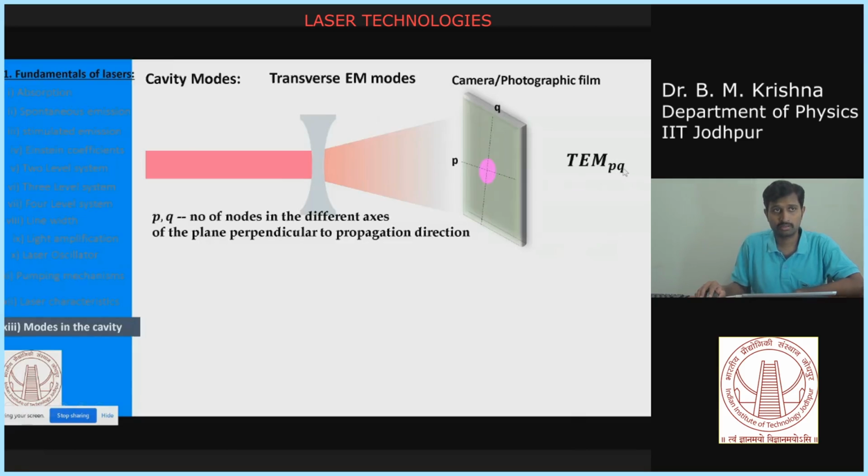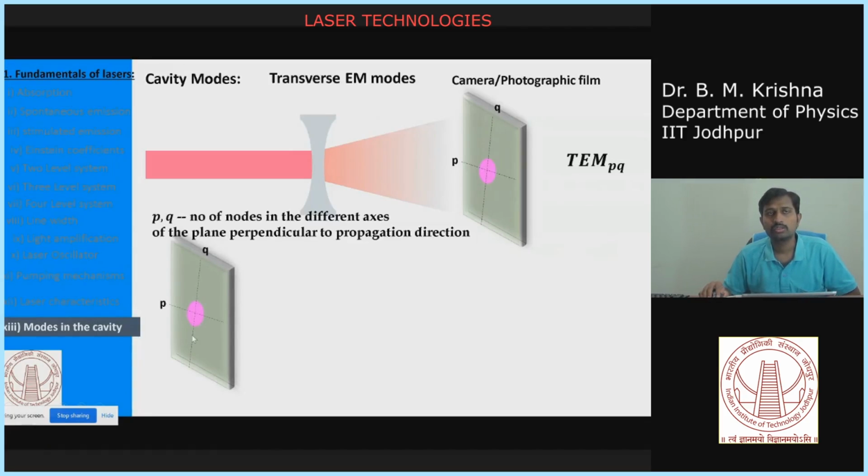P and Q represent the number of nodes along the axes that we see. For example, in this one, consider the number of nodes in P and Q. What is a node? A node is the point where the amplitude is 0. Now you go along this axis, there is no node, the amplitude is not 0. Similarly in the Q direction you don't have any nodes.